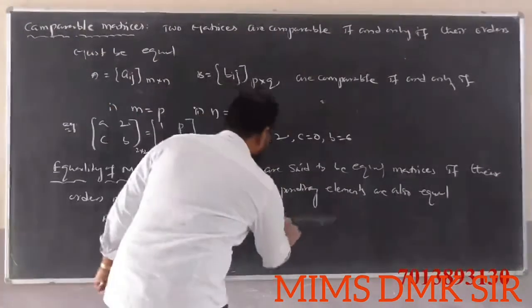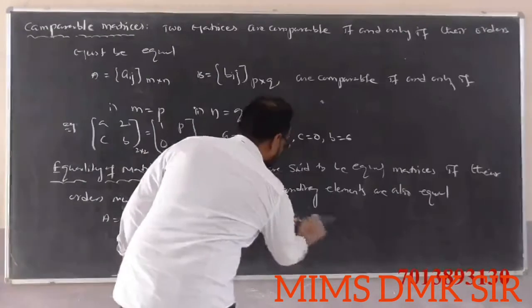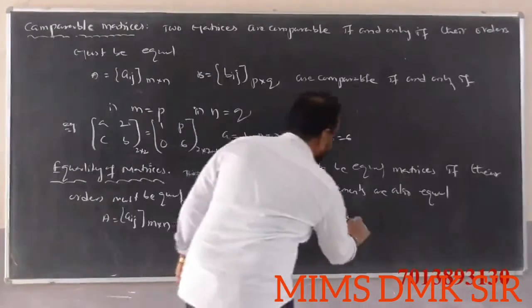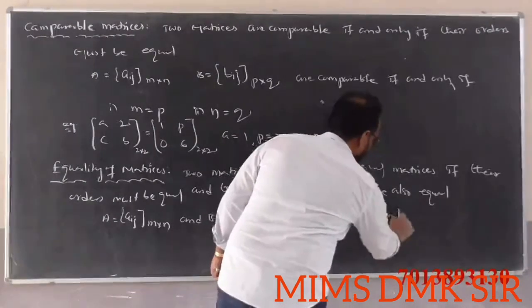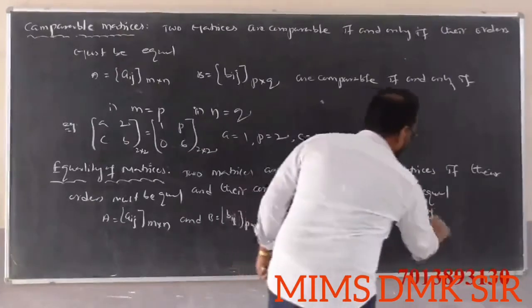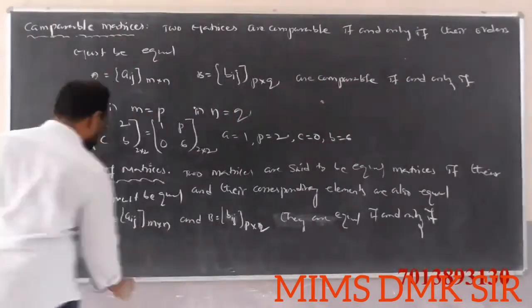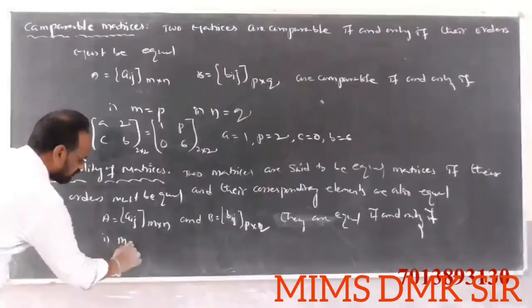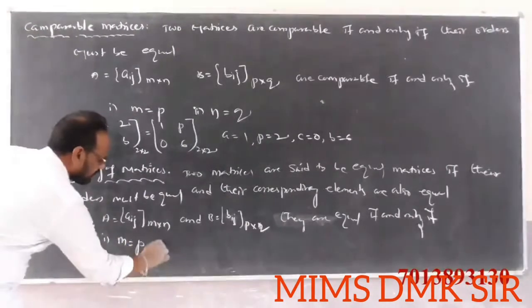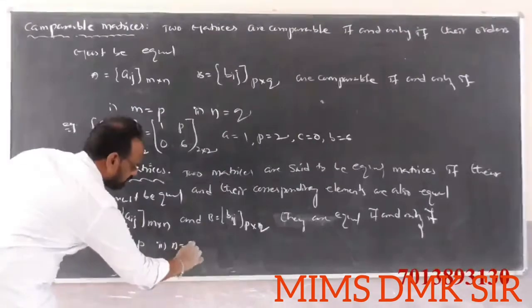They are equal if and only if their orders are equal. That means m equals p, and second, n equals q.